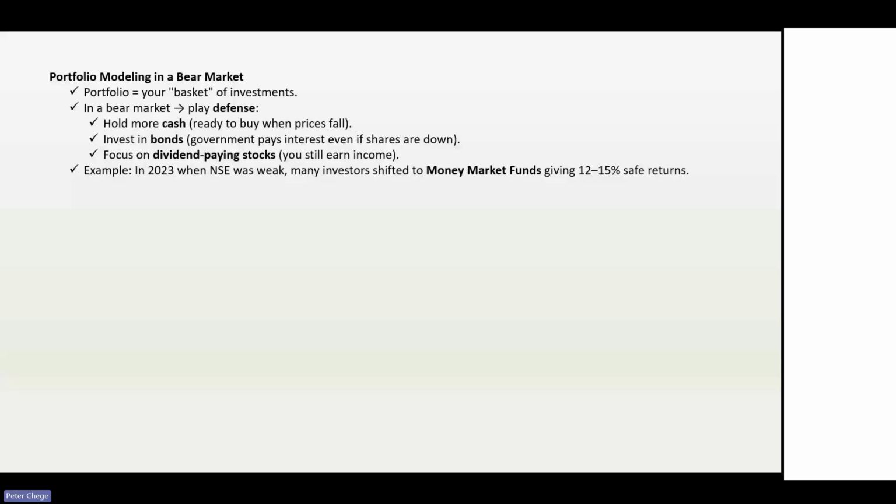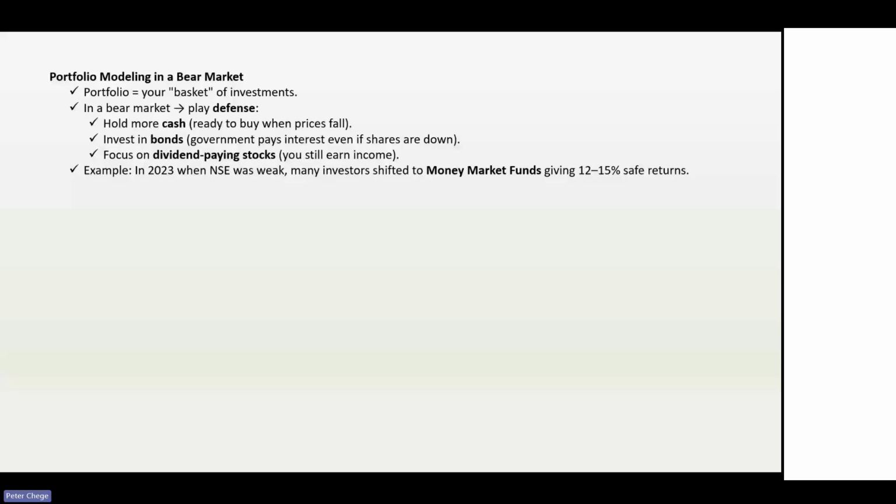Always have a big portion of your investments in defensive stocks. And I've said most of them are in the banking sector. Also agriculture, unless it's a period where you know it will be affected, but I have never seen tea affected by weather.